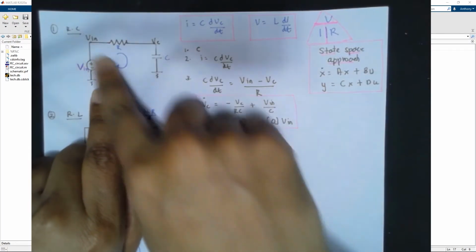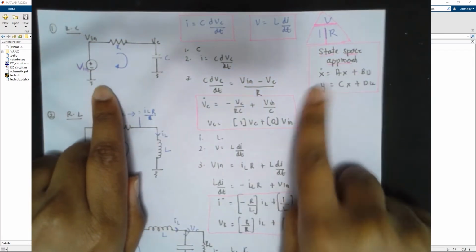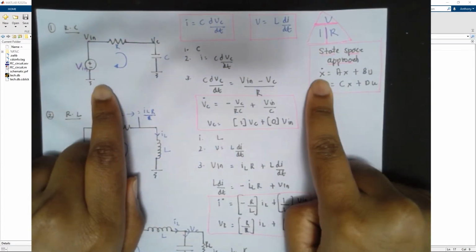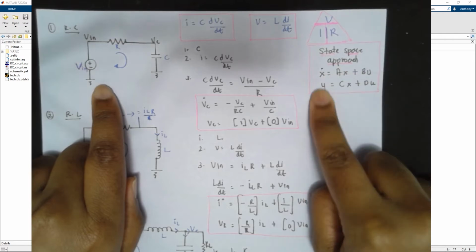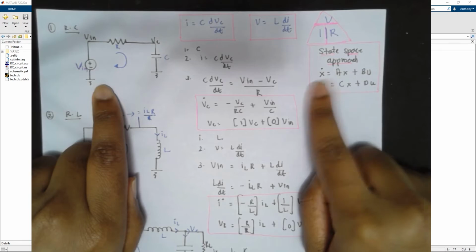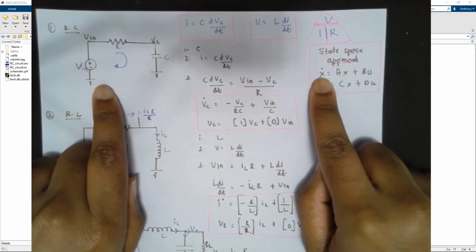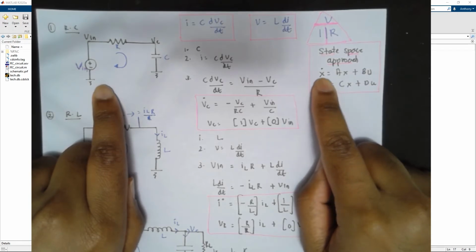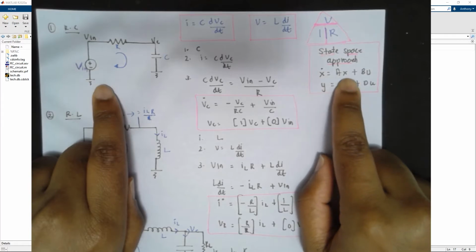What we're going to do is model these circuits using the state space approach, which says x dot is equal to Ax plus Bu, and y is equal to Cx plus Du. This is a state space representation of the states.